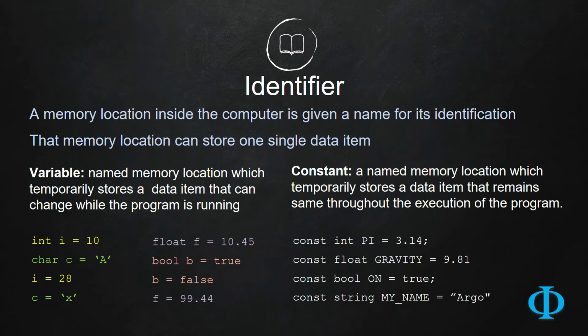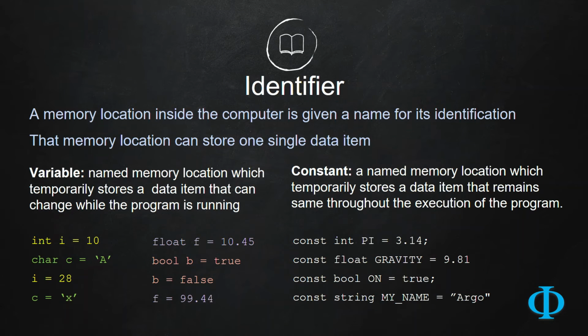In the form of a variable: when the value inside that memory location, under that name, can be changed in the context of the program, then it is called a variable. A constant is a similar concept, but the value of that named memory location cannot be changed.